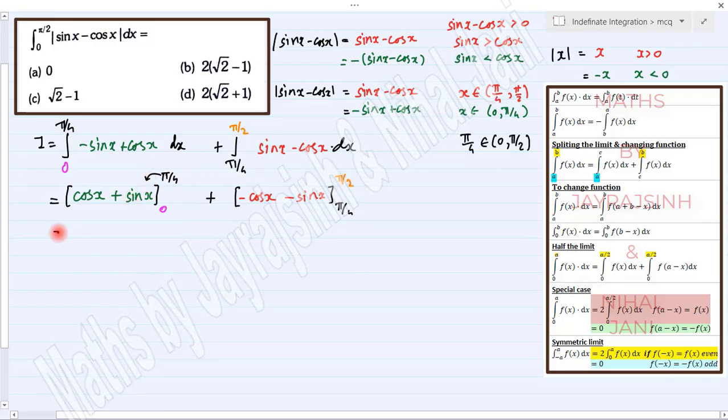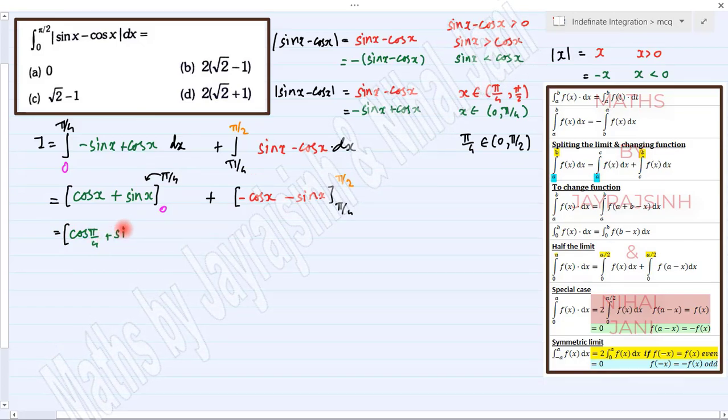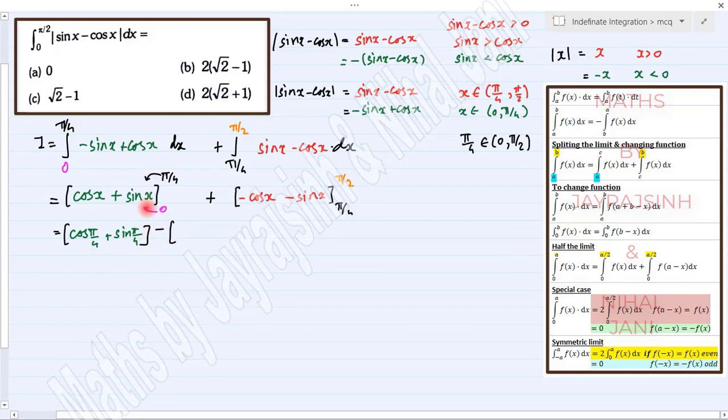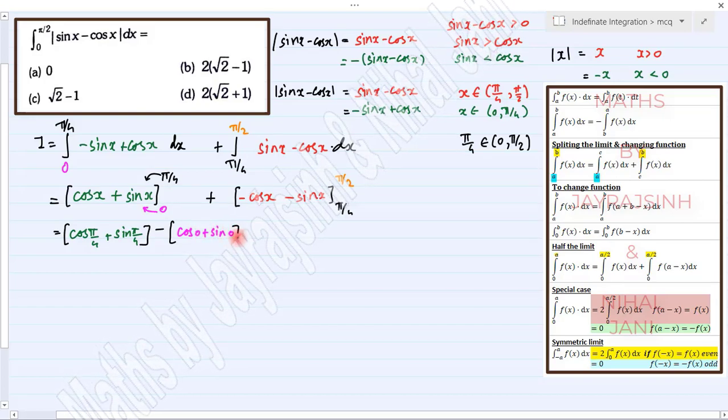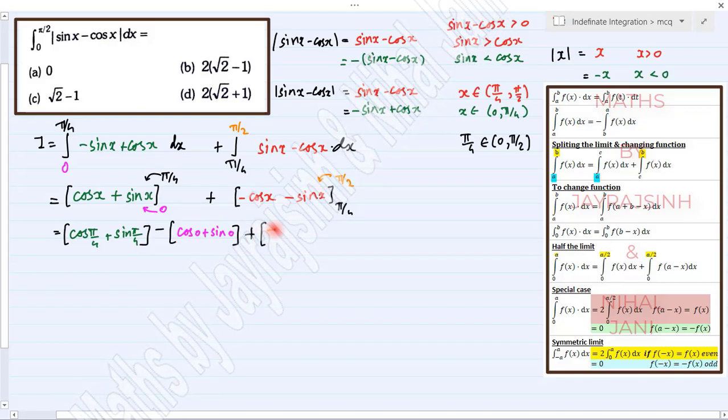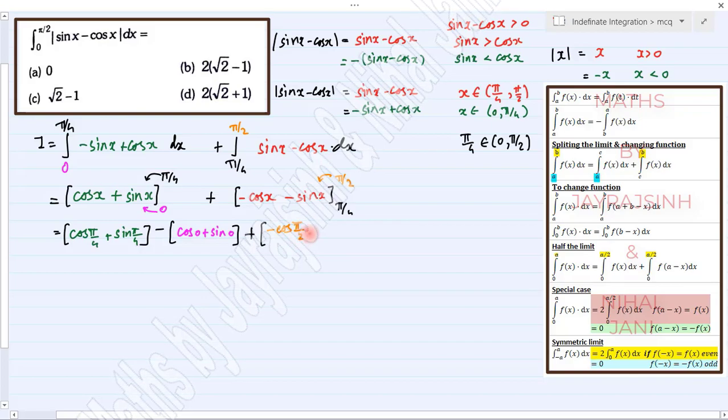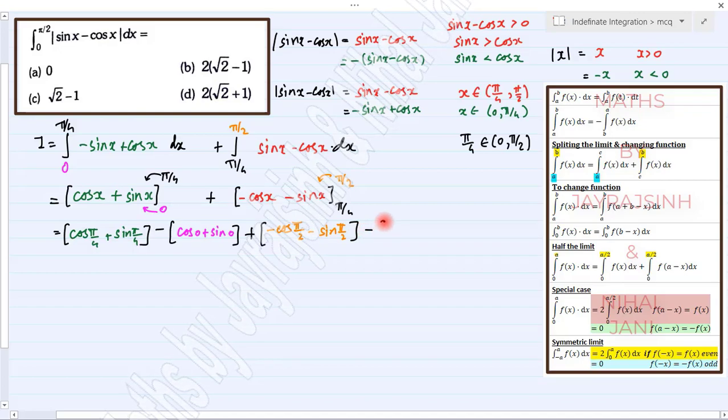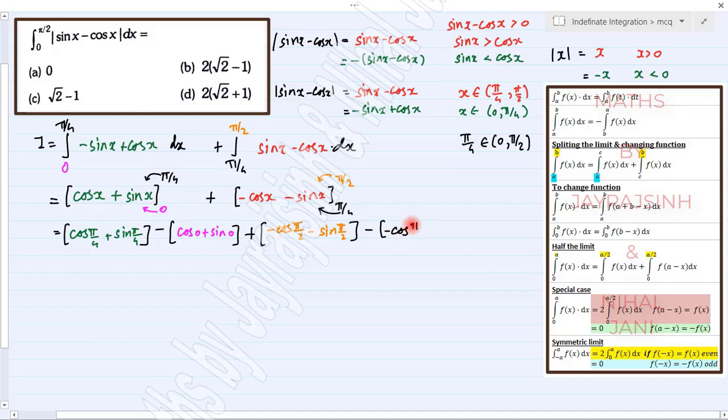From the upper limit, we will get cos π/4 plus sin π/4, minus from the lower limit, we will get cos 0 plus sin 0, plus in the second term from the upper limit, we will get minus cos π/2 minus sin π/2, minus from the lower limit, minus cos π/4 minus sin π/4.